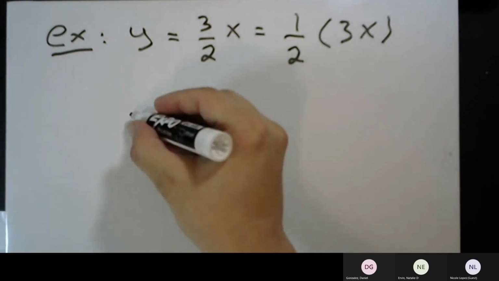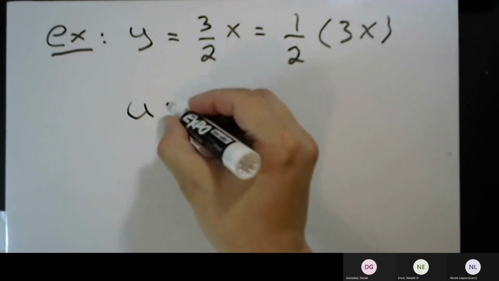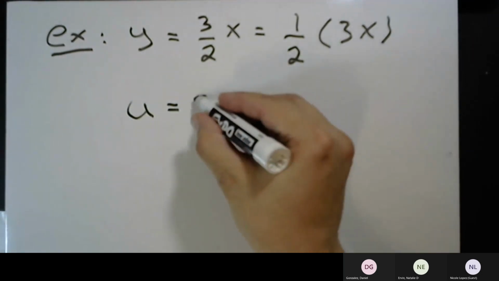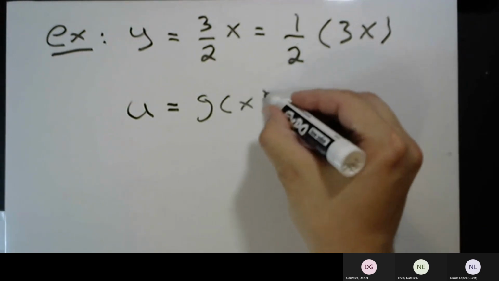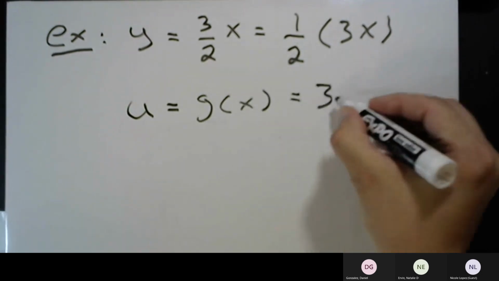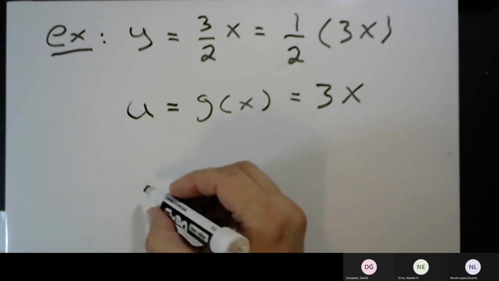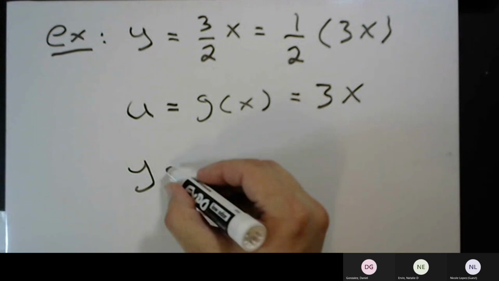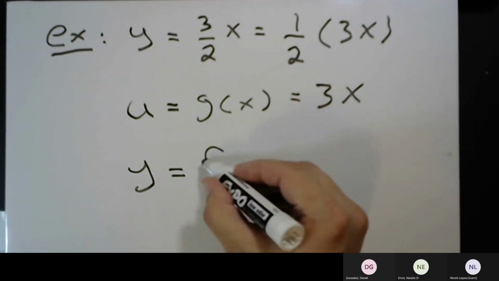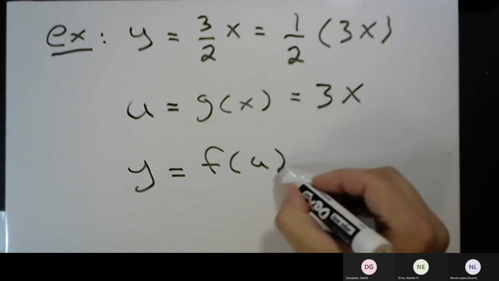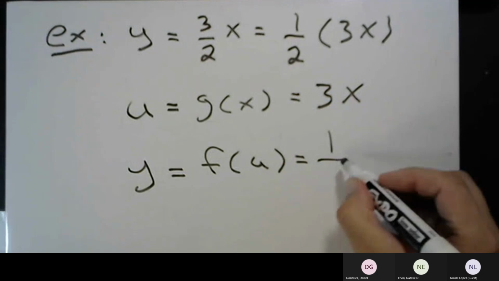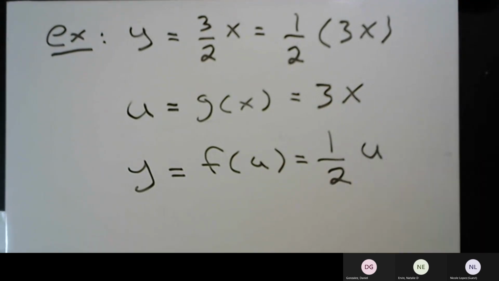Now, we'll let u be g of x, or 3x. This means that y, the f of u, will be 1/2 u.